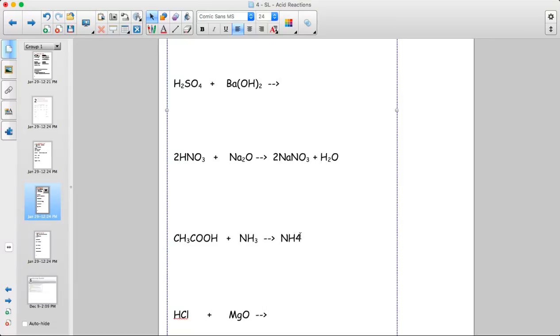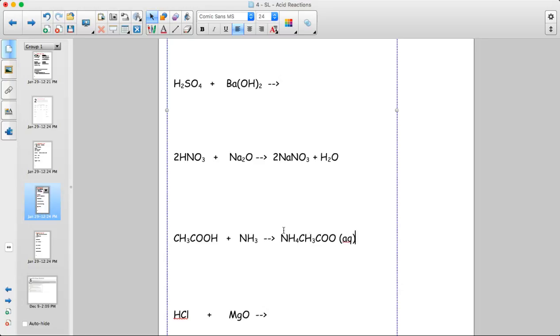So ammonia creates ammonium, which is a positive polyatomic ion. And what's left over here is the anion CH3COO-, that's referred to as ethanoate. And now we have a 1+ ion here, we have a 1- ion here, and we've made our aqueous salt.